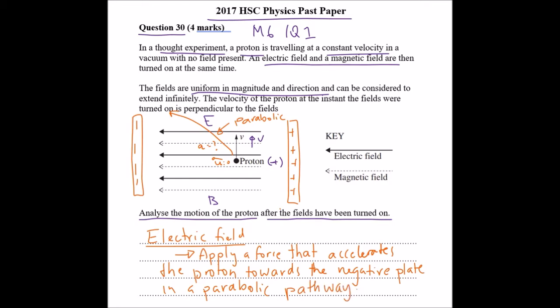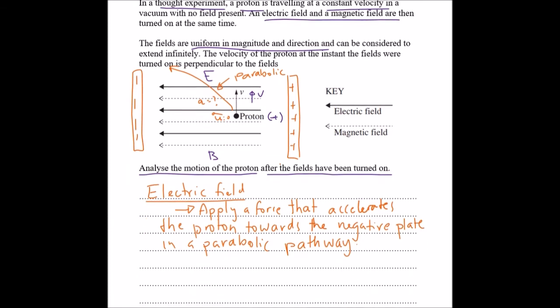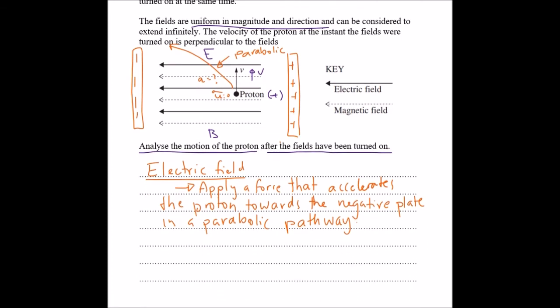So that's what we would know from there. You could say the reason why it goes to the negative plate is because of electrostatic attraction. That's another little analysis you can do.